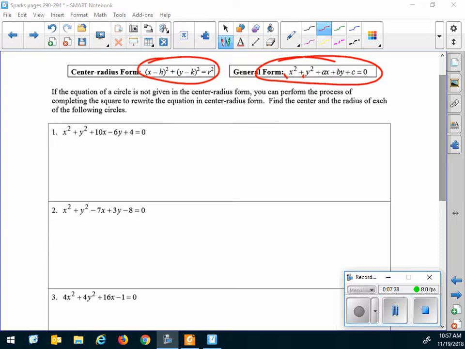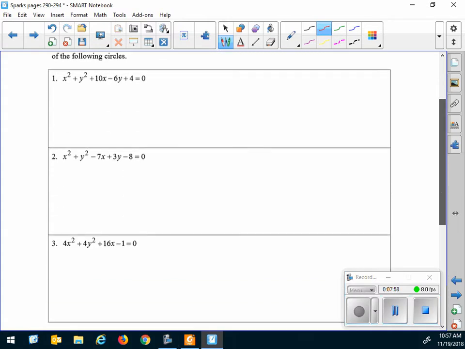Now, let's take a look at these instructions. If the equation of a circle is not given in center radius form, you can perform the process of completing the square to rewrite it in center radius form. So let's find the center and the radius. So this is just going to firm you up on completing the square. Let's take a look at this first one and figure out what the center and the radius are.